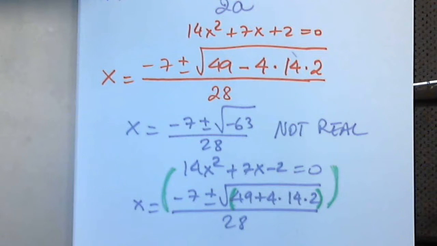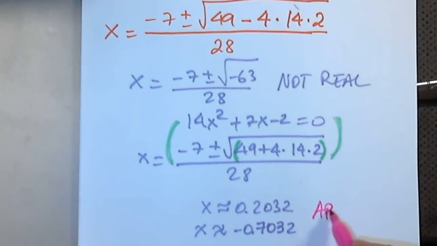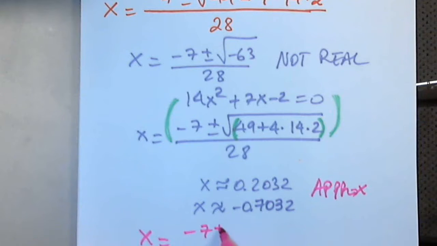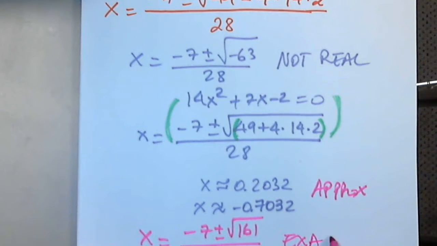And I get 161. So this is approximated. And the exact solutions will be negative 7 plus or minus the square root of 161 divided by 28. And that is the exact.